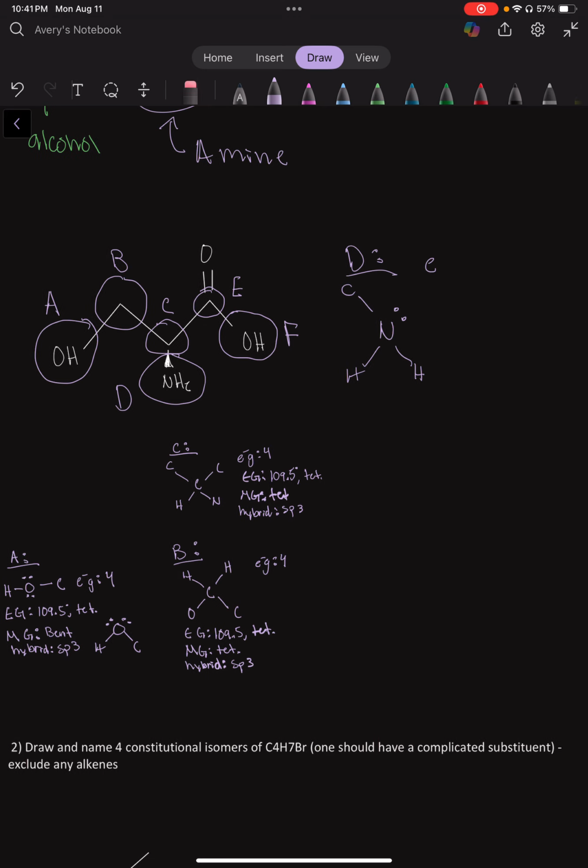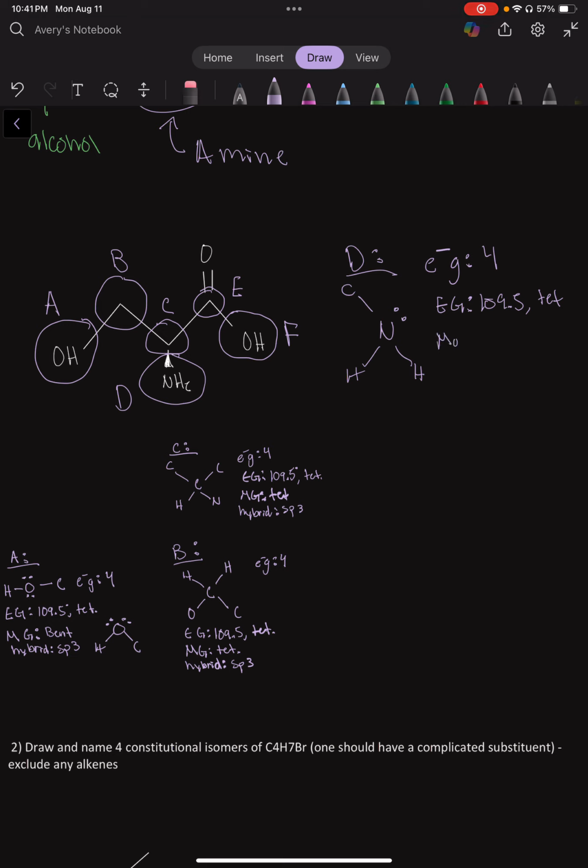So our electron group is also 4 because we have 3 bonded atoms and 1 lone pair, so 3 plus 1 is 4. Our electron geometry is going to be 109.5 tetrahedral.